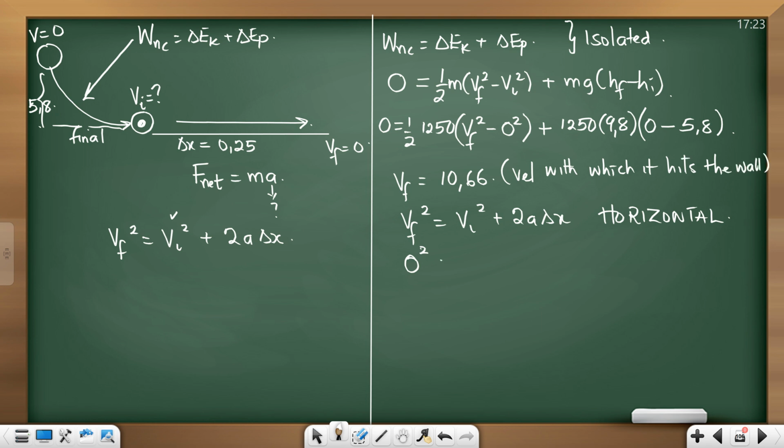What's my initial velocity now? My initial velocity now is 10.66 squared. I do not know A, but I know my displacement as 0.25. Guys, let's find A. A must be a negative answer. Why? The object is slowing down. Let's try it. Please find A for me. Have expectations as well. It's important.